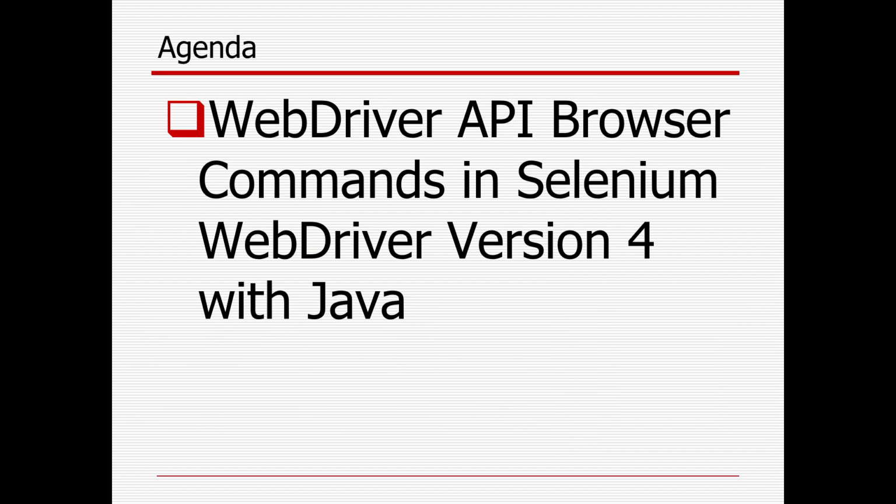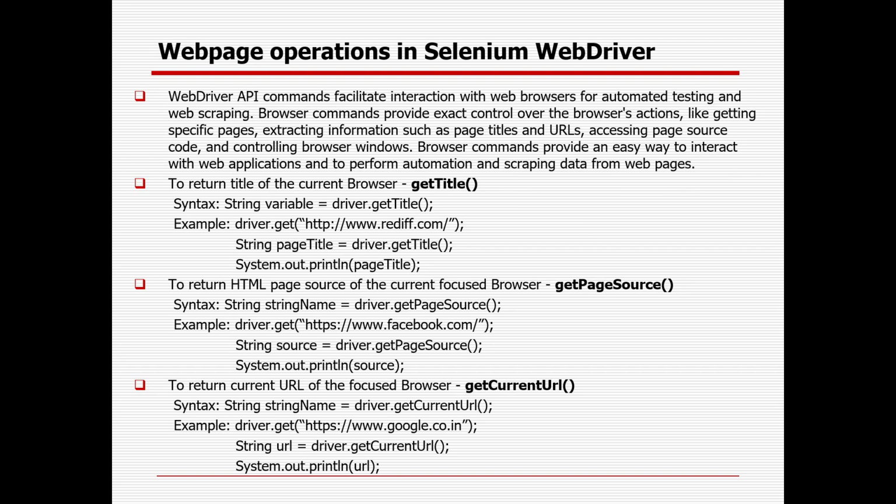In today's session, you will learn what are the important WebDriver API commands available to deal with the browser in Selenium WebDriver version 4 with Java. WebDriver API commands facilitate interaction with the web browser for automated testing and web scraping.